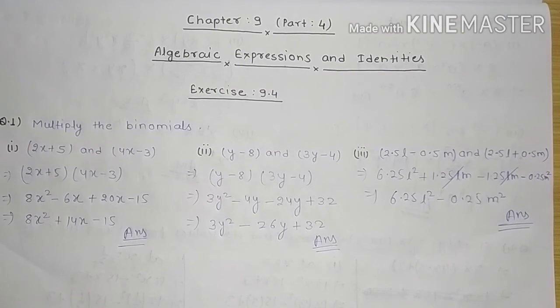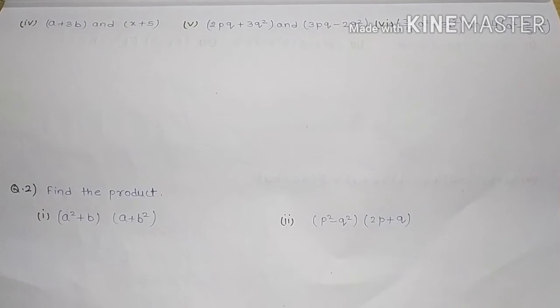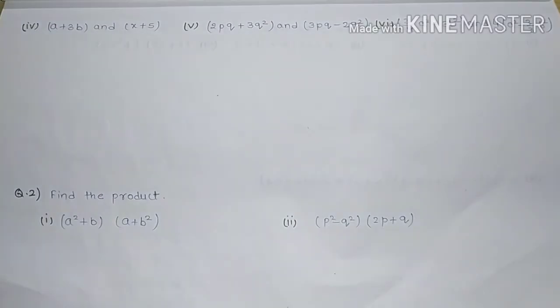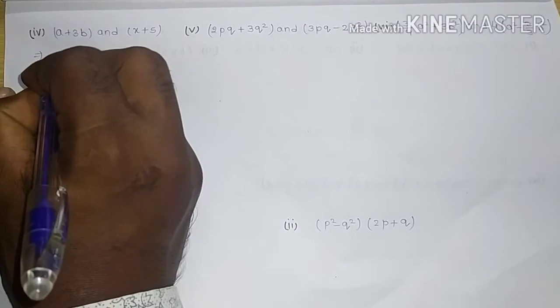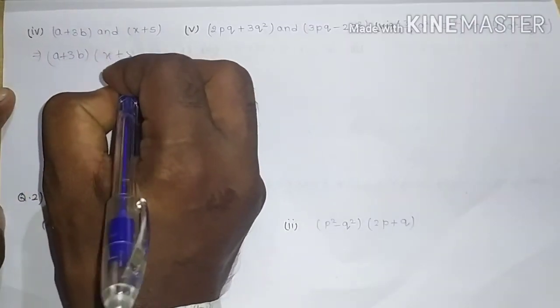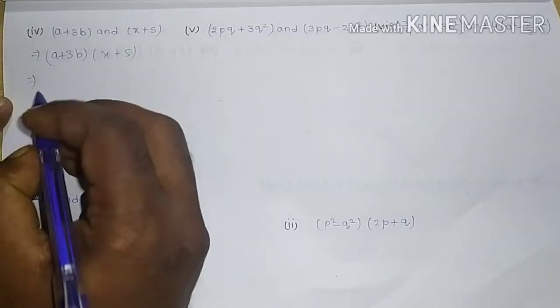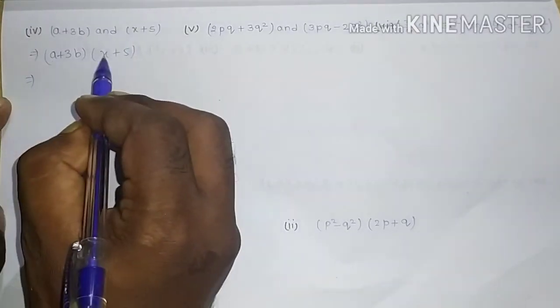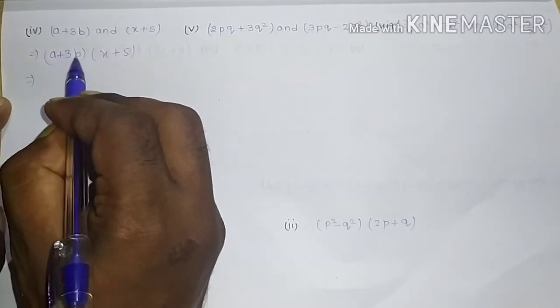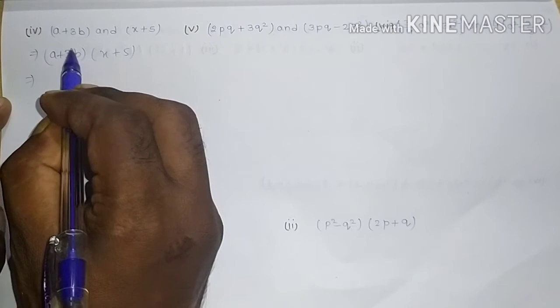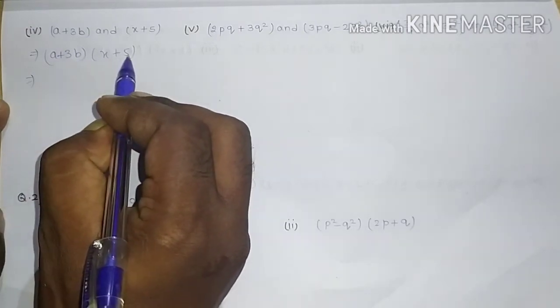Now the next question, that is question number 4. a plus 3b and x plus 5, and here we have to multiply them. First of all, a is multiplied into x, then a is multiplied into 5, then 3b is multiplied into x, then 3b is multiplied into 5.